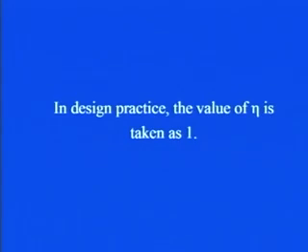Whenever you go for the analysis of a pile group in sand, you should assume eta equal to 1, and in that case you can find out the group ultimate load capacity as equal to the number of piles in the group multiplied by the ultimate load capacity of an individual pile.